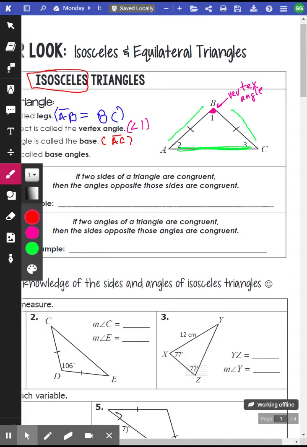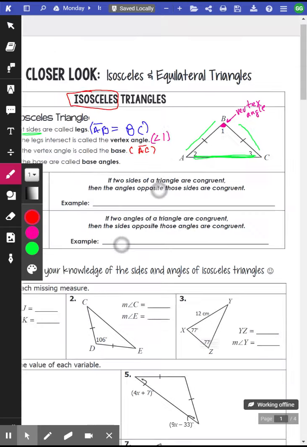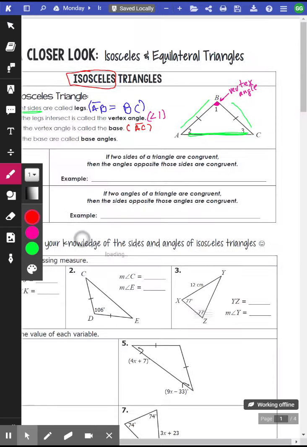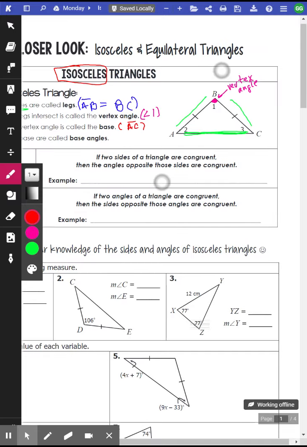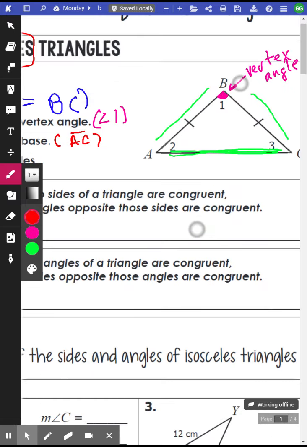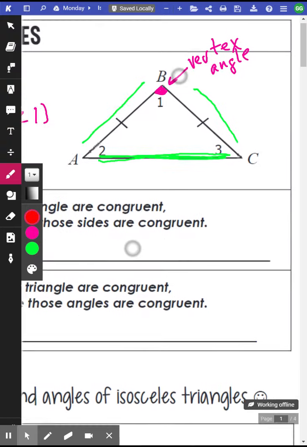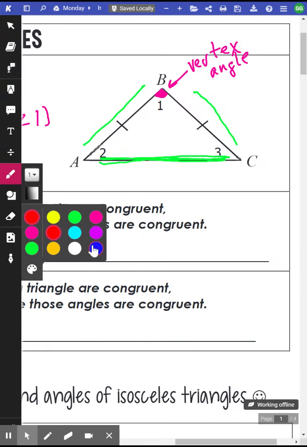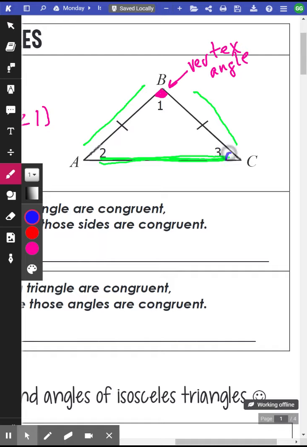All right, last part of an isosceles triangle is the two angles that are at the bottom. Notice how we pointed out the vertex angle, but then we have the two angles right here. Angle 3.